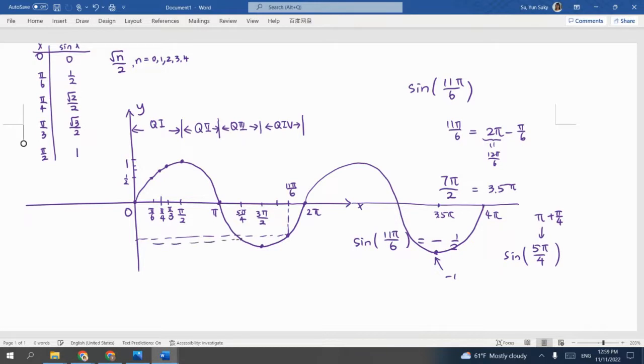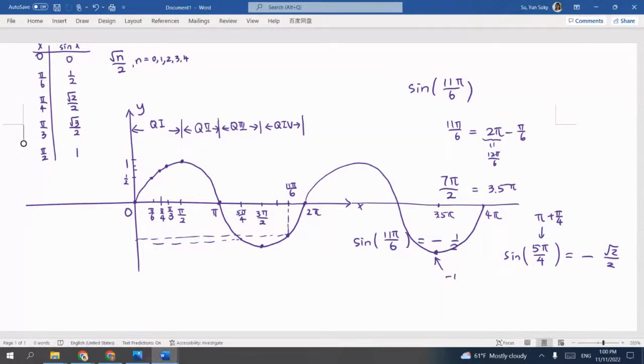And therefore, it's negative. You see? It's negative. And then look at your denominator. Your denominator is 4. So the reference angle is pi over 4, which gives root 2 over 2. Okay?